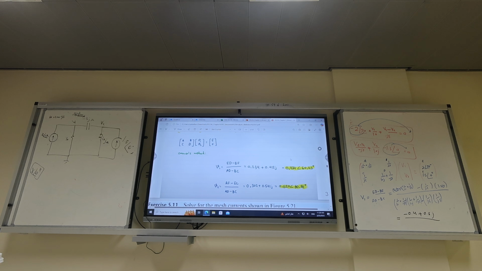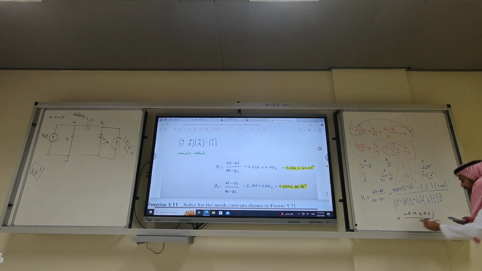1 over 10 plus 1 over minus j times 5, times 1 over 10j plus 1 over minus j times 5, minus 1 over j5 squared, which is the same.